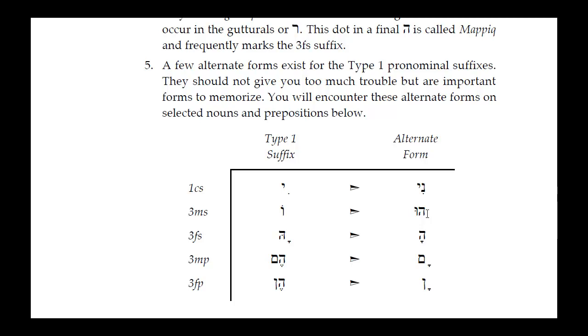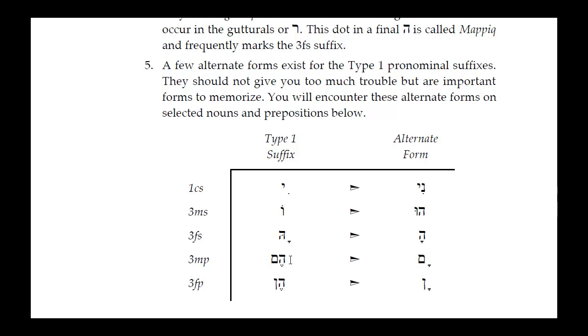So there are alternate forms here, and you'll look and see, and you'll get used to it as you go through the homework. Again, we have the third feminine singular here, which is a qamets hey with a mapik in the hey, and then we have just a hey with a qamets. This is ah, and this is ha. So they both are telling you that that is a third feminine singular pronominal suffix attached to either a noun or a preposition. Her book, or upon her, or to her if it's a preposition.